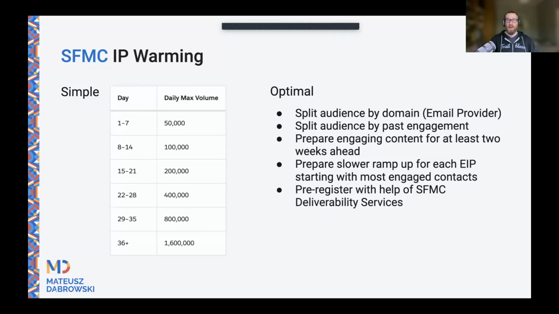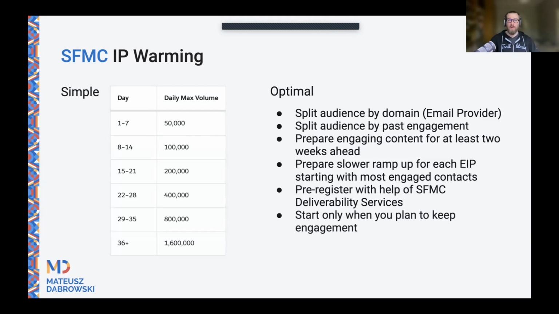This is not the final solution, meaning that the pre-registration is not solving all the problems. It's just helping you. If you do everything else better, it will be easier and more smooth sailing for you. But it is not like a get out of jail for using bad practices, but it can help. So it's worth doing when you are starting with the new IP.